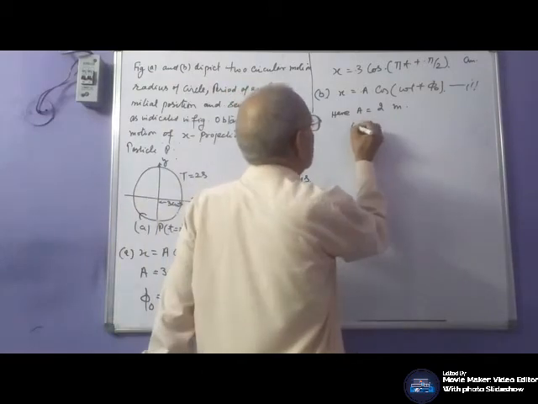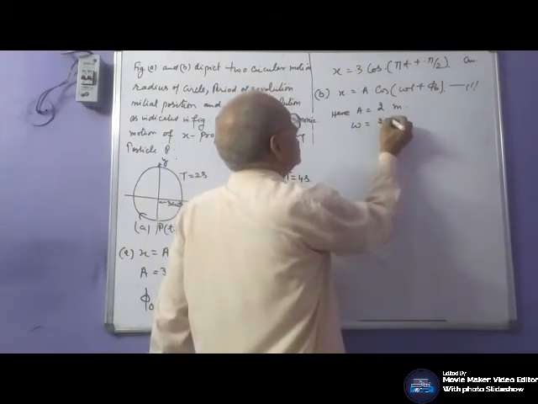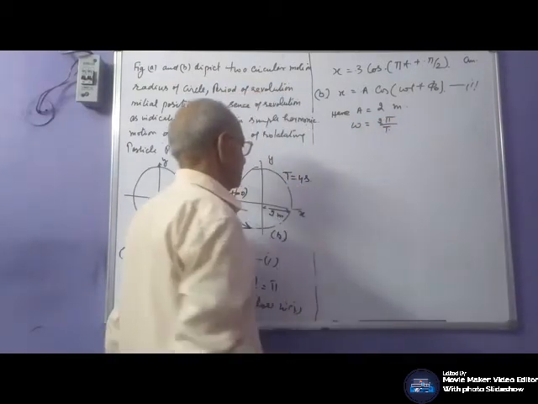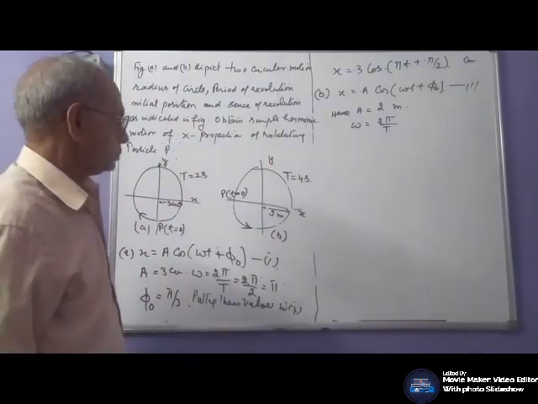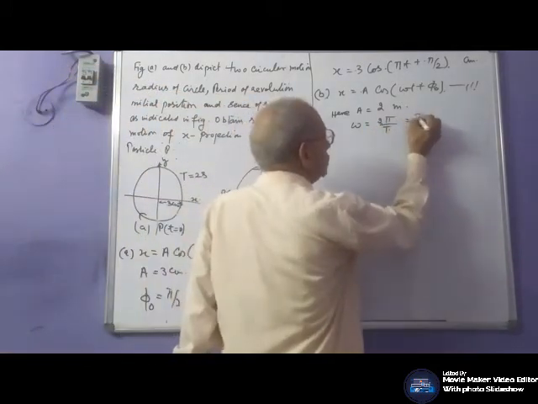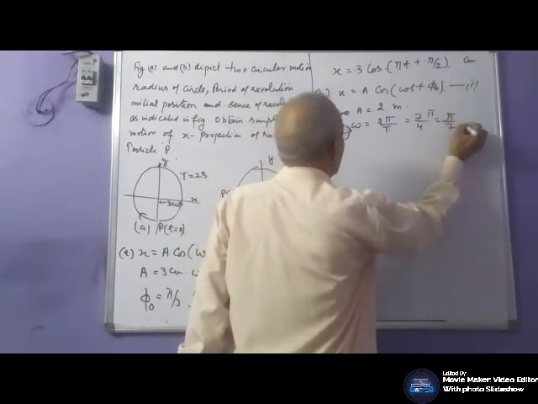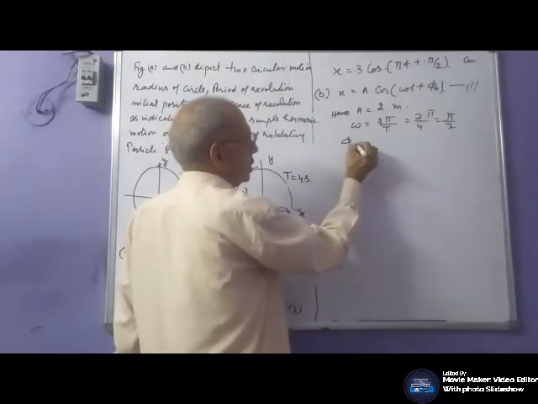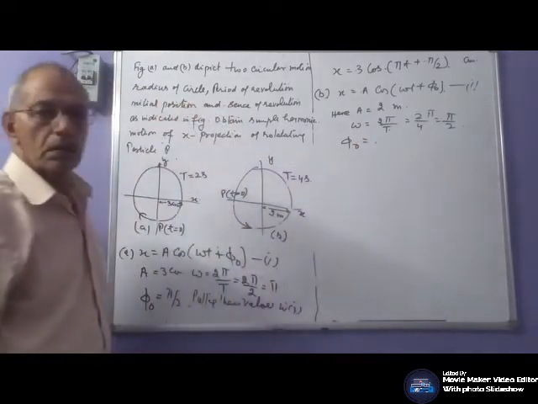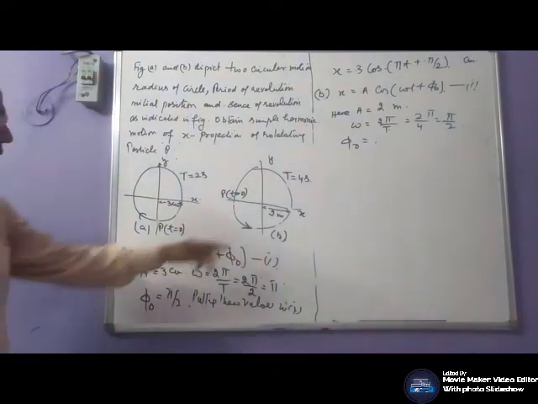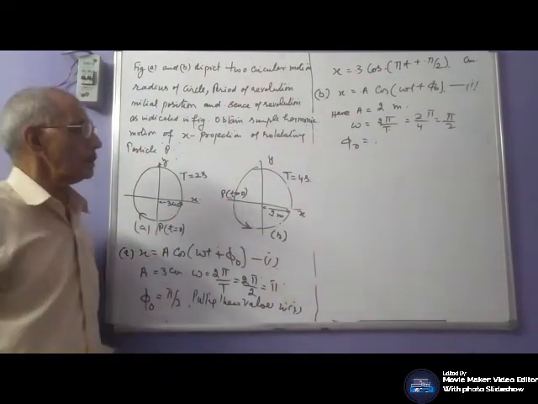Omega is 2 pi by t. It is 2 pi by t, t is 4, it is pi by 2. Phi naught, this angle.